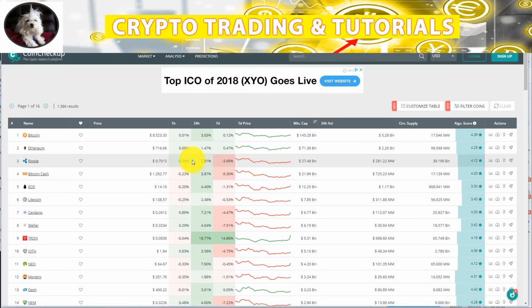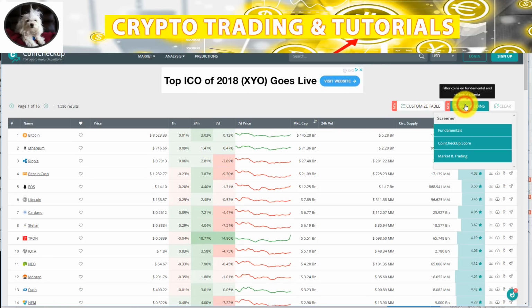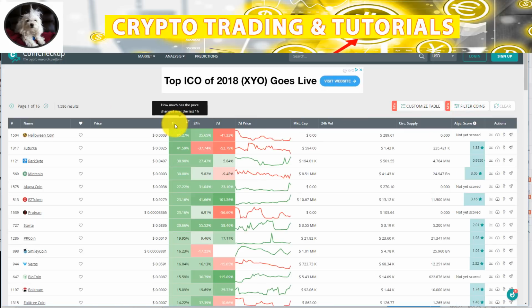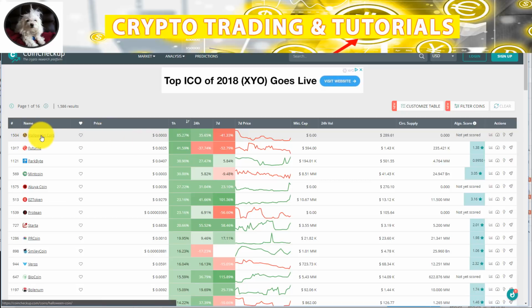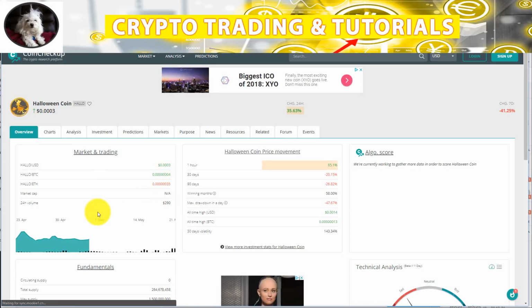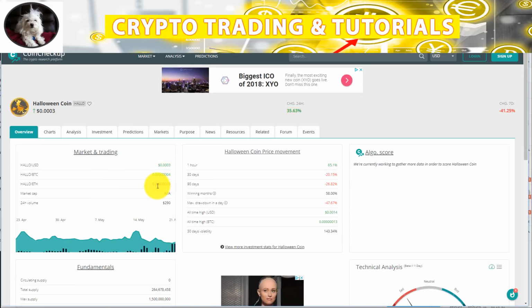So these are another reason some people will just go to these types of sites, and maybe you'll filter the coins, or you'll just say, okay, I want to see just stuff that's moved the most in the last 24 hours, which is Halloween coin. And that sounds like a very promising asset in this market, Halloween coin.